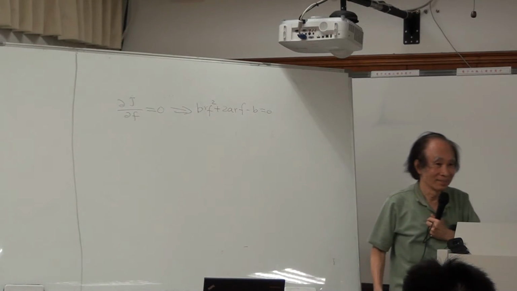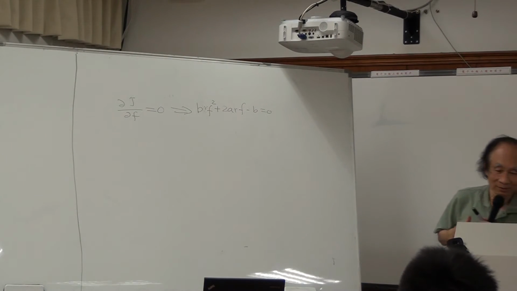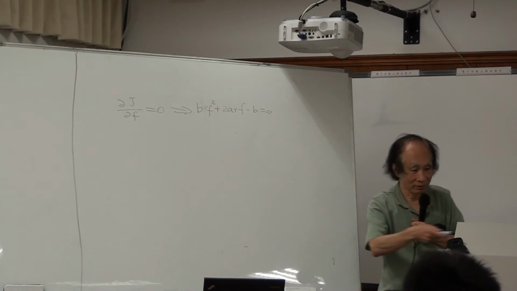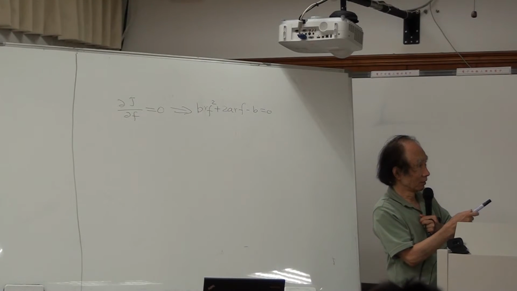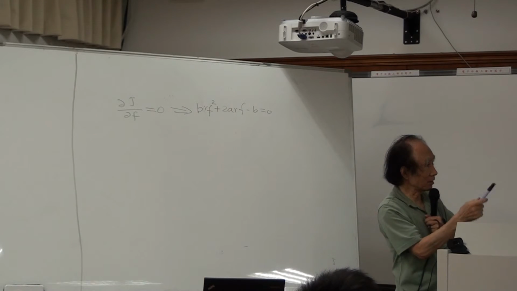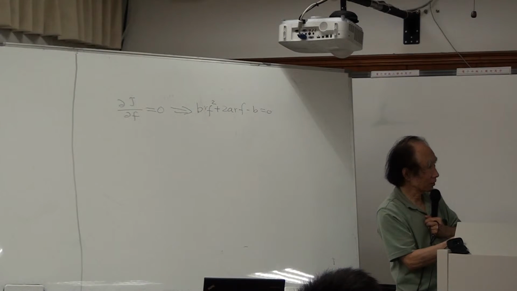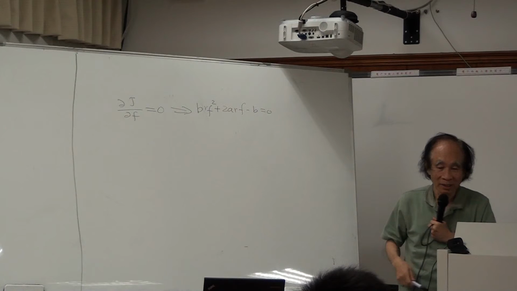Now we have two solutions: F is minus A over B, parenthesis 1 plus or minus the square root of 1 plus B squared over RA squared.